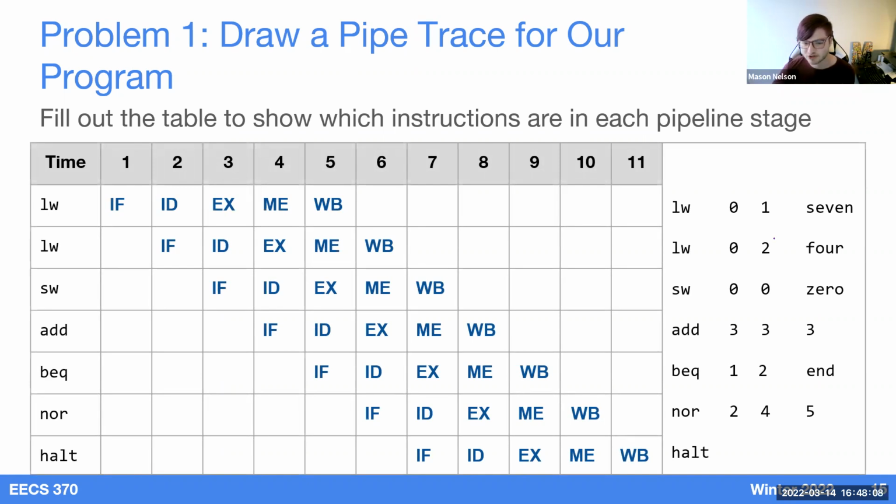Of course, the first instruction will go through the IF stage first, and then the next one, and the next one, and so on. One of the things that this means is that at the beginning, not all of our stages will have something. Because we have to wait for this first instruction, the LW, to get through the IF stage and the ID stage before it gets to the EX stage. So for a little while, we have just empty space in those stages.